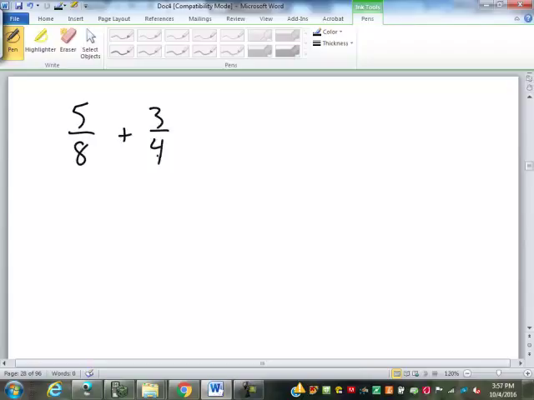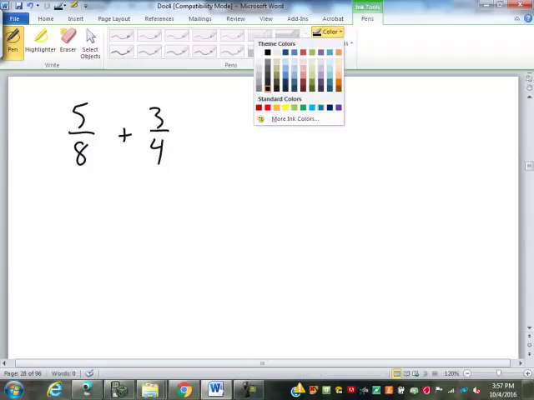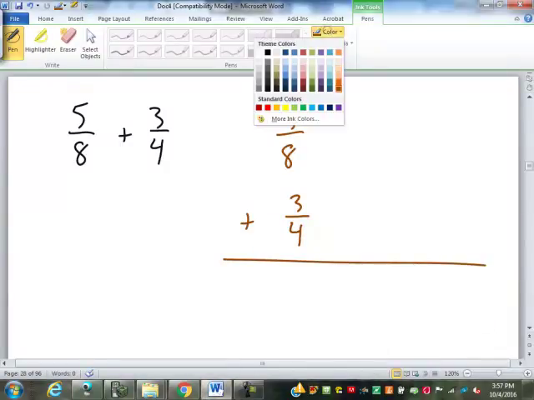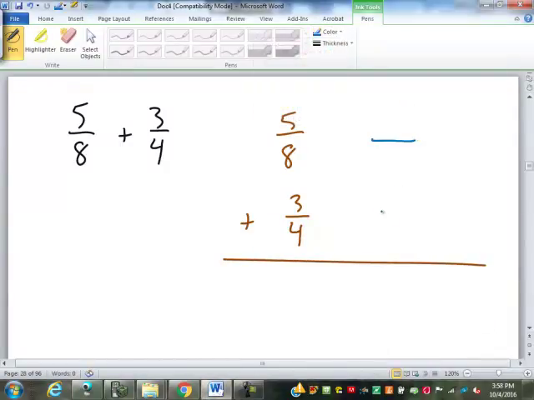In your notes, I want you to do 5/8 plus 3/4 quick for me. Find the common denominators and add and reduce or split into a mixed number if necessary. What's my common denominator going to be? You could use 16, but 8 works.